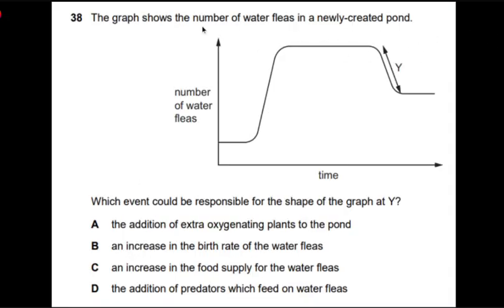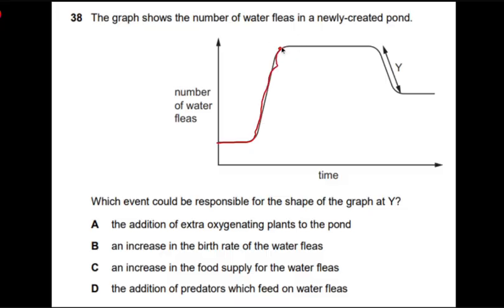The next question, we have a graph, this one here. The question says the graph shows the number of water flies in a newly created pond. So here we have the number of flies against time. As you can see, the graph starts here and is just increasing, and the flies increase in number up to this point.